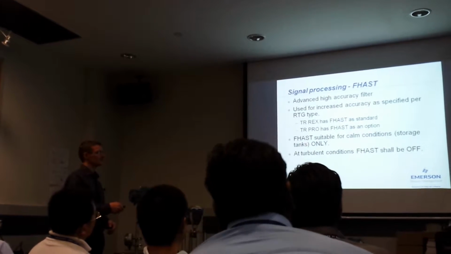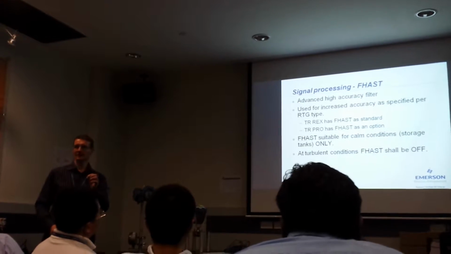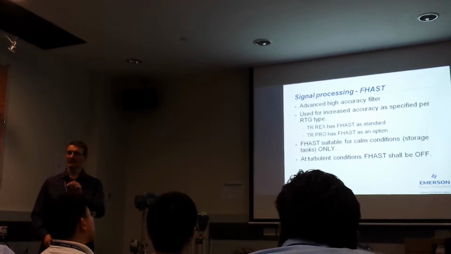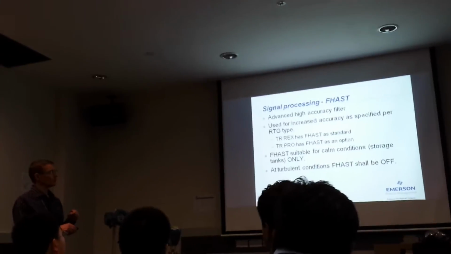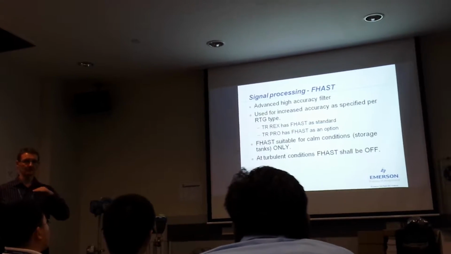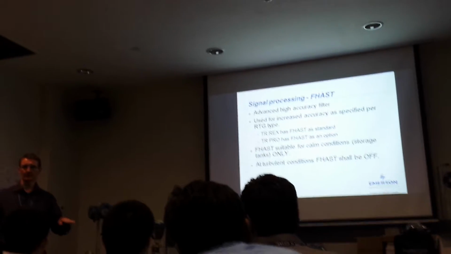Of course, the fast module increases the accuracy from plus minus 3 millimeters to plus minus 0.5. It means that we can only use this formula when the level is very stable. The level must be like a mirror.